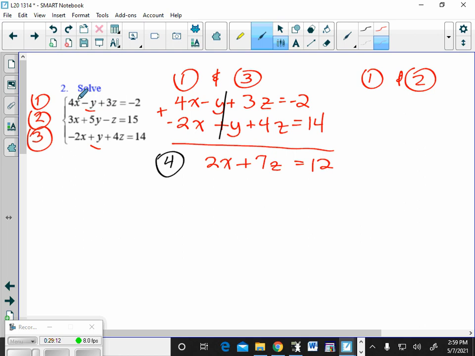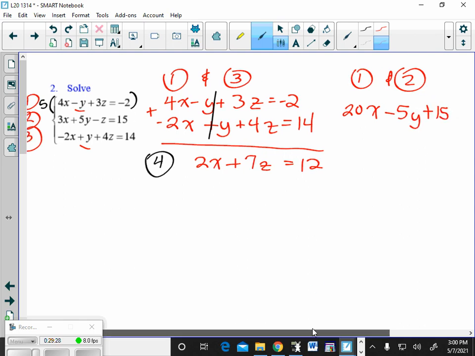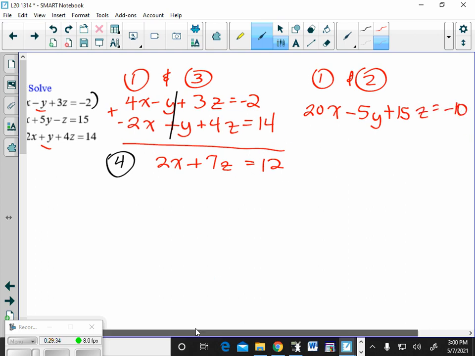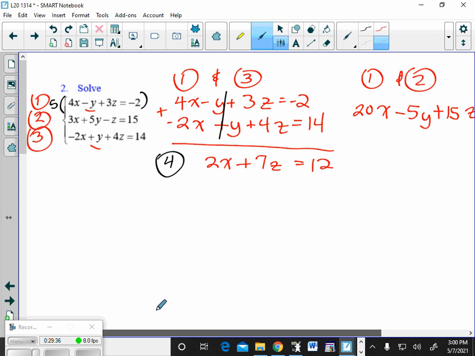But what we're going to do is multiply equation number 1 by, to eliminate the y's, we would need a 5 there. So let's go. 20x minus 5y plus 15z equals negative 10. And we're going to just write equation 2 down.